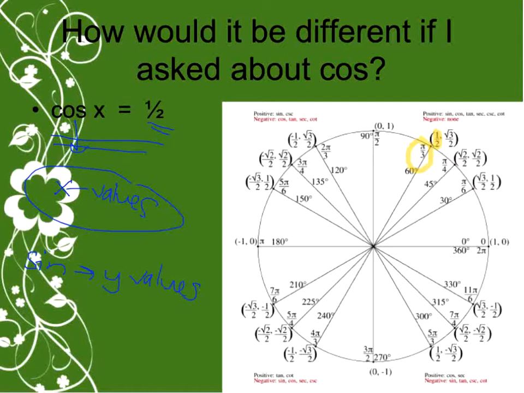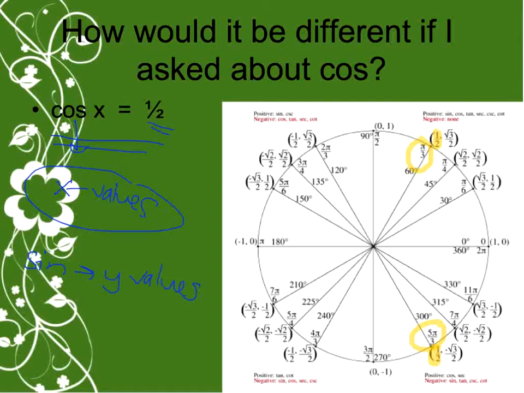So I have one right there at pi over 3. And this time I do have another solution, but this time I have to go all the way around my unit circle to find it. Down here, I also have a positive 1/2 for my x, 5 pi over 3. So let's try and write our solution set together.